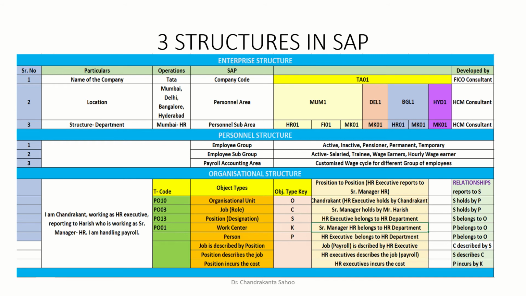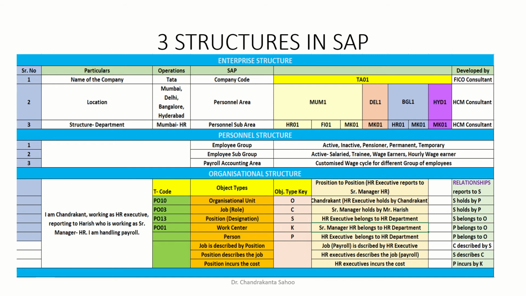But whatever the role of the SAP professional may be, whether it is the end user, the consultant, the ABAP developer, or the Basis, understanding these three structures is very significant. Take for example the company Tata.